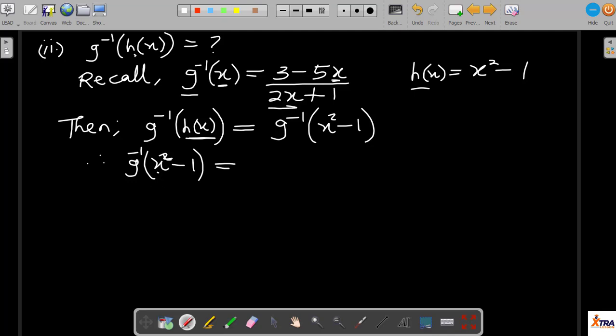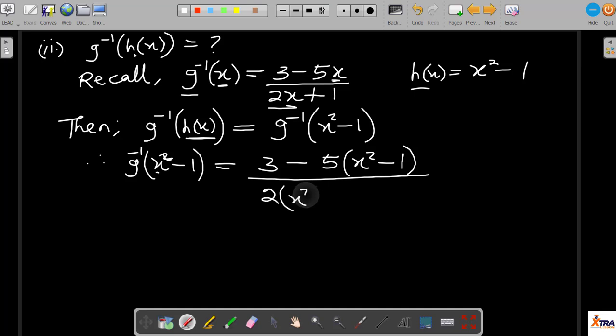So I just have 3 from here minus 5. Instead of x, I just put x squared minus 1, all over 2. Instead of x again, I put x squared minus 1. Then plus 1.